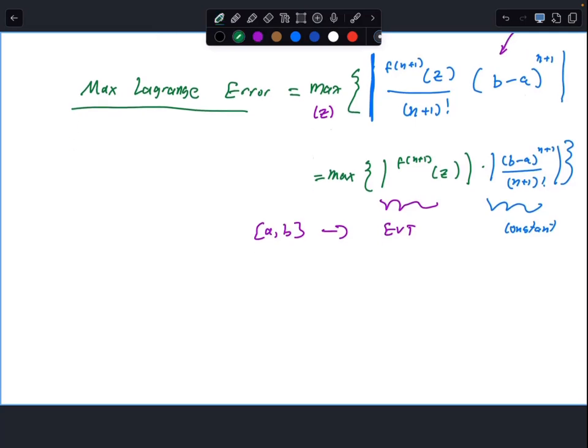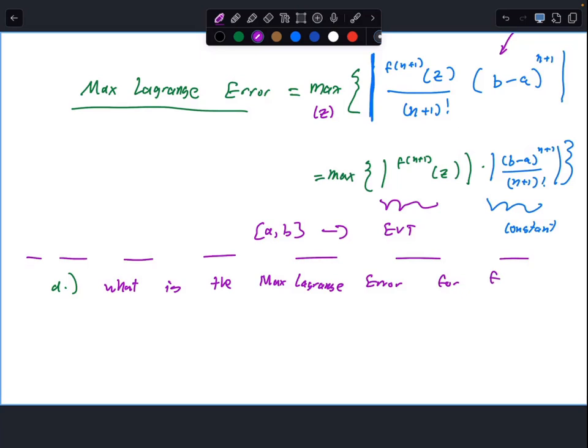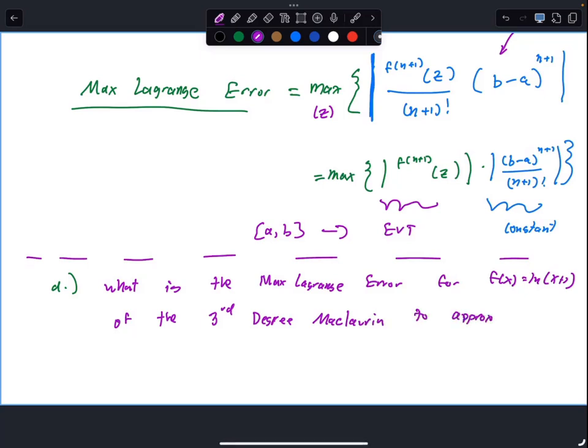So looking at that example for D, what is the max Lagrange error for f of x equals natural log of x plus 1, of the third degree Maclaurin polynomial, to approximate the natural log of 1.1, or to approximate f of 0.1, which is the natural log of 1.1?